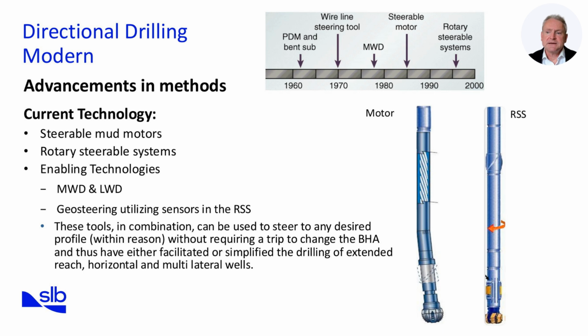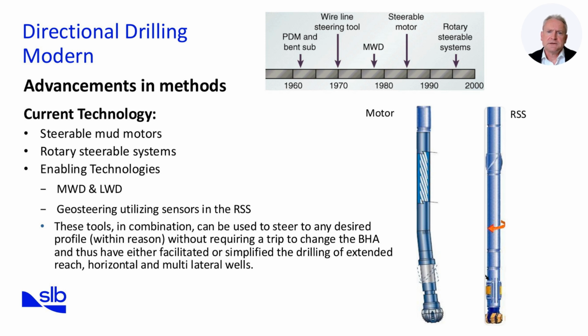The 1970s brought in the wireline steering tools, followed by the advent of measurement while drilling MWD technology in the 1980s. This was transformative. It gave drillers real-time feedback on parameters like inclination, azimuth, and tool face orientation.